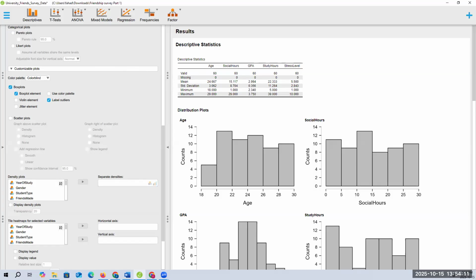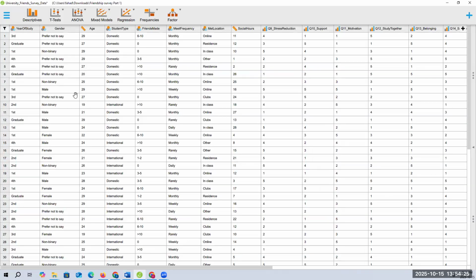All right. We could also look at frequencies, and then look at the relationship between the frequencies. Here we're looking at counts. If you look at frequency in terms of, for example, friends made, gender, and year of study, it will help us to explore some relationships such as year of study and friends made.